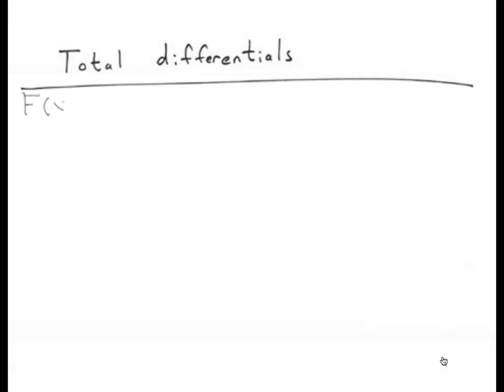So for instance, if f is made up of x and y, then the change in f is going to be a function of the change in x and the change in y.